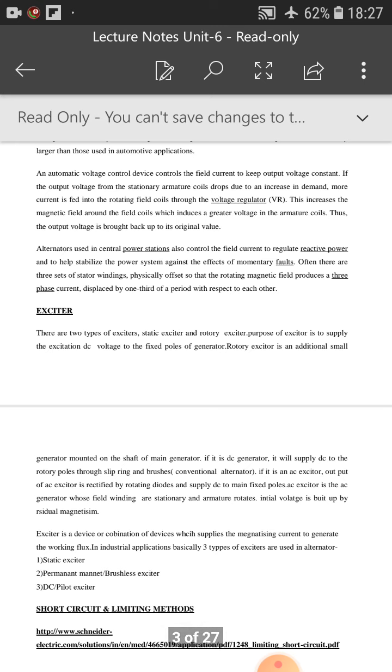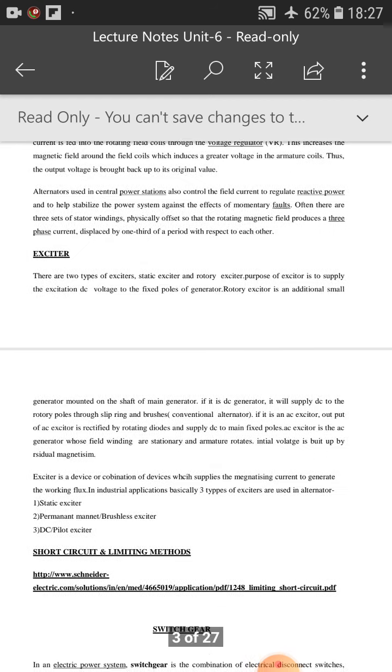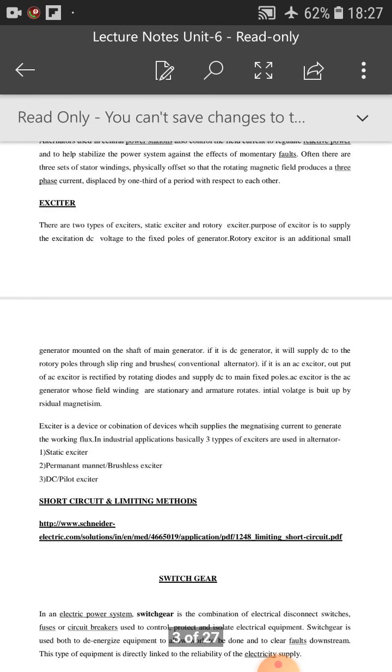If it is an AC exciter, the output of the exciter is rectified by rotating diodes and supplies DC to the main field pole. An exciter is an AC generator whose field windings are stationary and armature rotates. Initial voltage is built up by residual magnetism. An exciter is a device or combination of devices which supply the magnetizing current to generate the working flux.